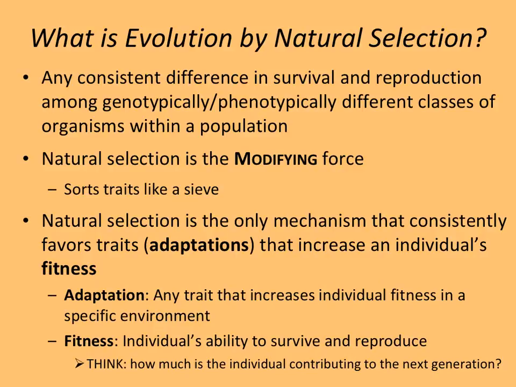Okay, so in this case, unlike breeding and selective breeding and what we call artificial selection, natural selection, anywhere there's a difference in survival and reproduction from one generation to the next, in terms of different genotypes or different phenotypes within a population, that means that population is going to change, and more members that have good genes, let's say, in other words, selection has favored them, are going to leave more offspring into the future generations.